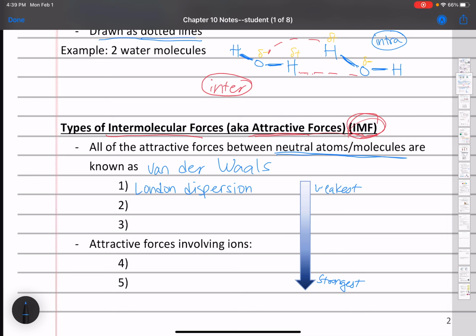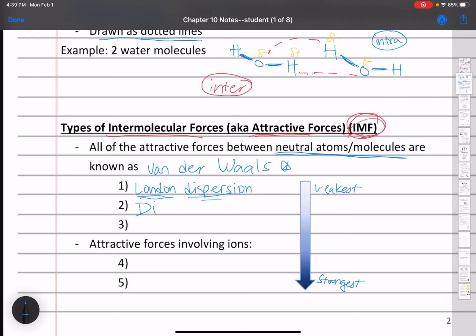The London is not referring to the city, it's actually the last name of the scientist who first described them. Sometimes they're called London forces, sometimes dispersion forces, and sometimes people just call them van der Waals forces, but really they're just one type of van der Waals force.